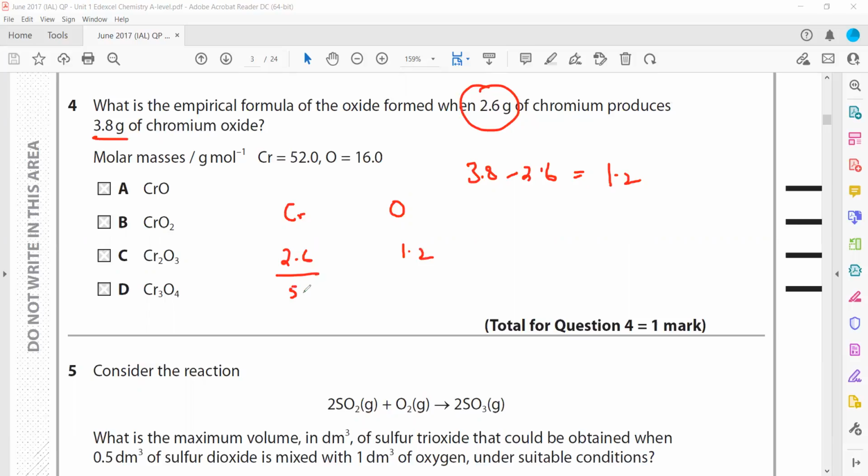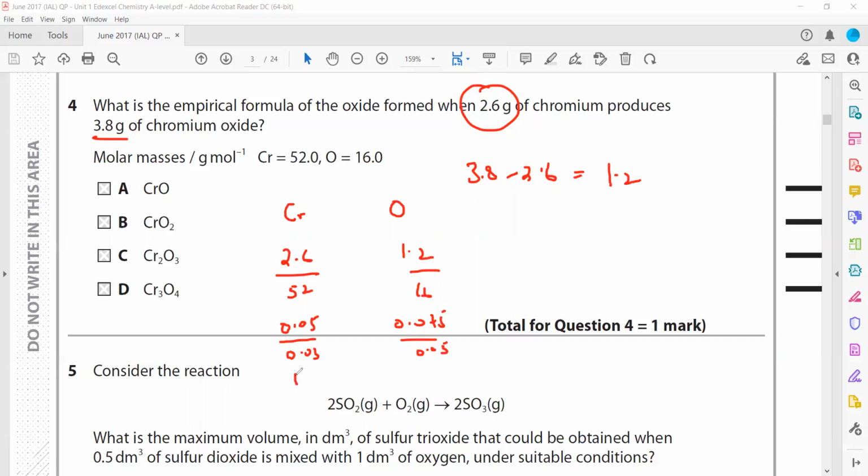Then divide by atomic mass, 52 for chromium and 16 for oxygen. So 2.6 divided by 52, that is 0.05. And 1.2 divided by 16, that equals 0.075. Then divide by the smallest value, 0.05.